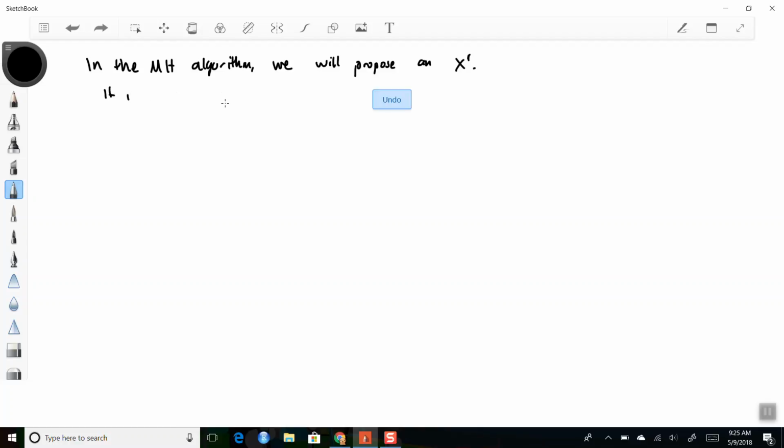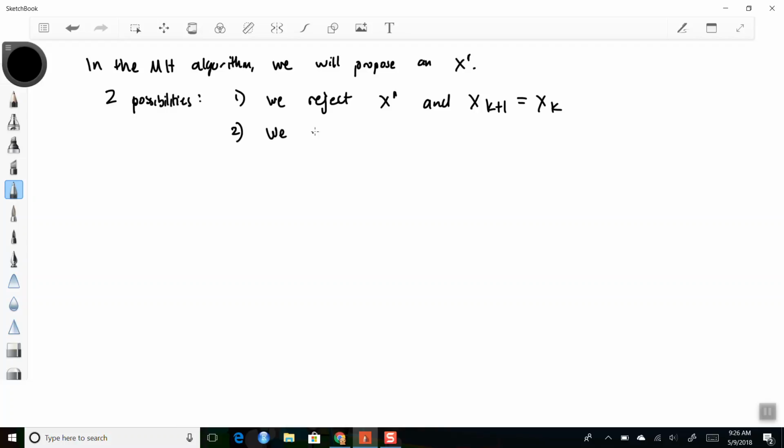We propose an x prime, and we have two possibilities. One is we reject x prime, and x_{k+1} is equal to our x_k, right? And two is we accept x prime, and x_{k+1} is equal to x prime. Okay?